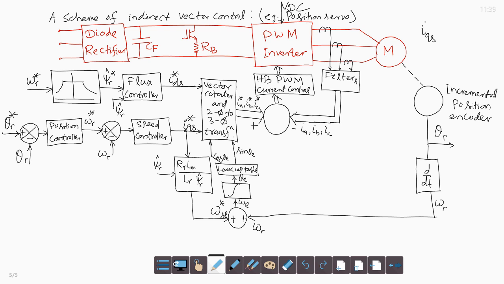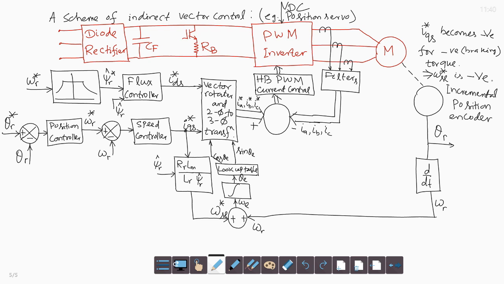The torque command IQ star becomes negative for negative or braking torque. When IQ star becomes negative, omega SL star, the slip speed command, also becomes negative.